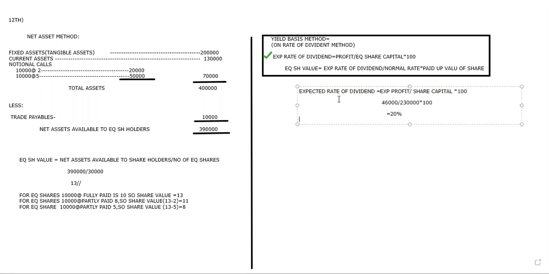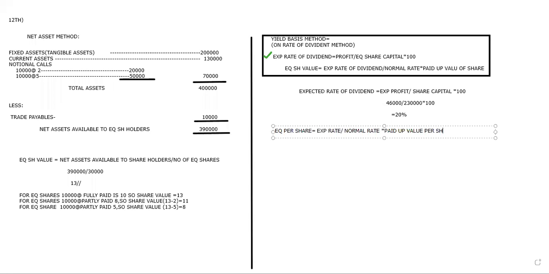Now we got the expected rate of return. Now simply I'm going to apply equity per share is equal to expected rate divided by normal rate into paid up value per share. Please listen how I am doing.